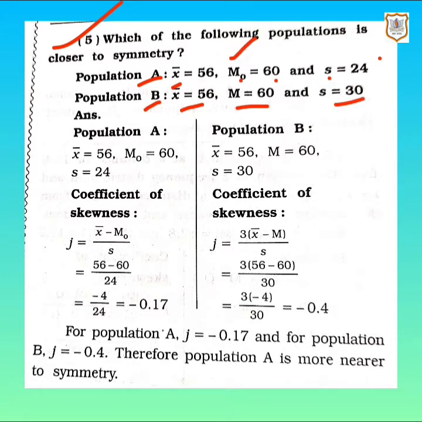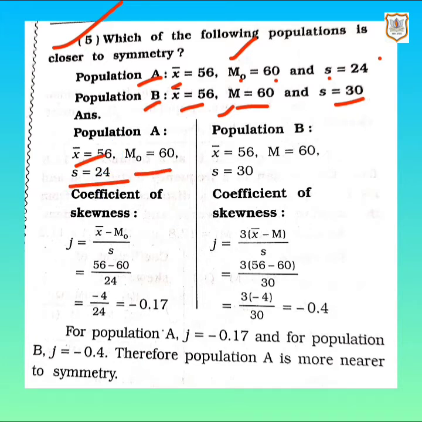So here mode is given, so we'll use the formula of mode. Here median is given, so we'll use the formula of J where median is used. So let's find population A's and population B's coefficient of skewness to know which population is closer to symmetry. So population A values are given. Mean is 56, mode is 60, standard deviation is 24.